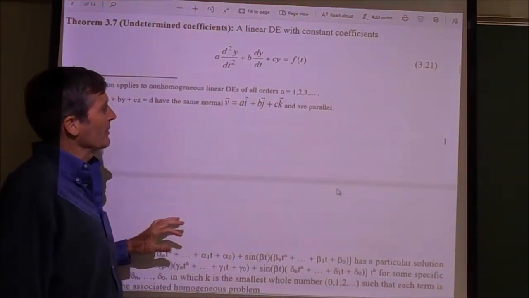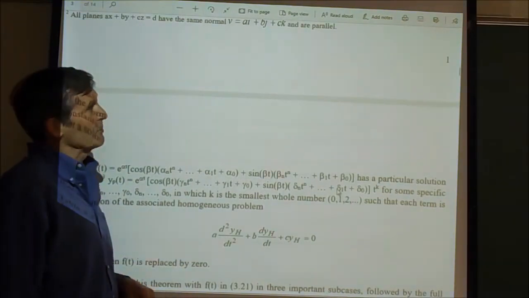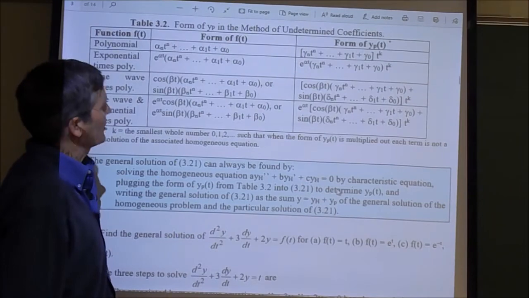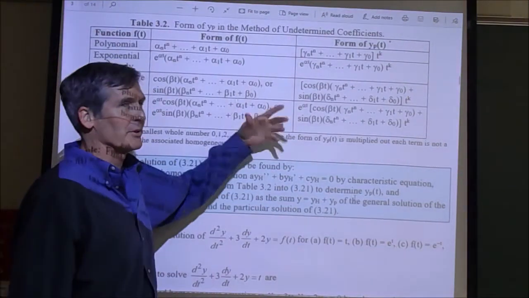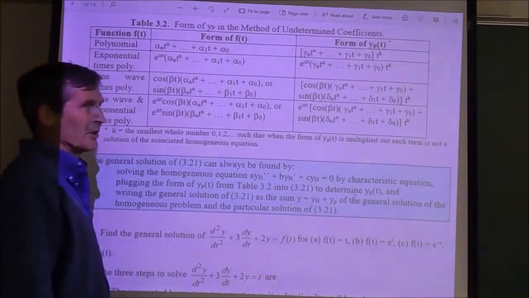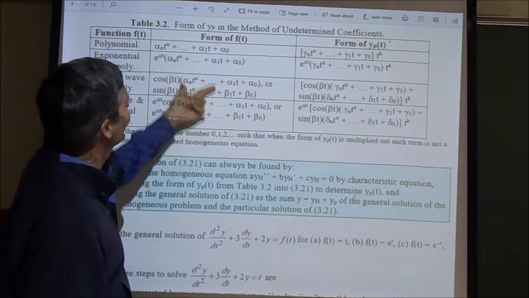These are non-homogeneous equations, and they come up a lot in practice, but the best way to find the solution is to first find the homogeneous solution. And here's the table that tells you how to guess. I kind of guessed a particular solution in the last problem. Here's the method of judicious guessing, you might call it. My differential equations professor called it that.